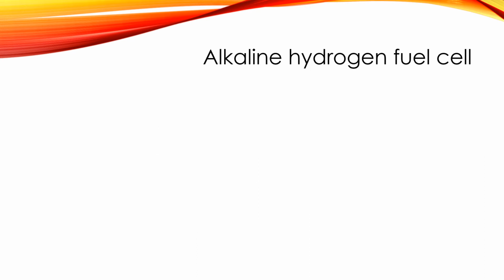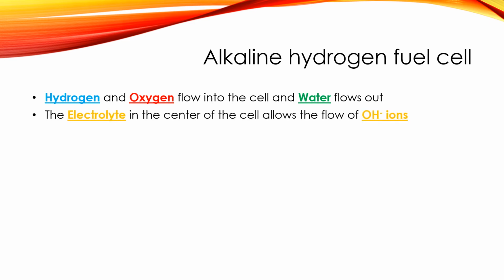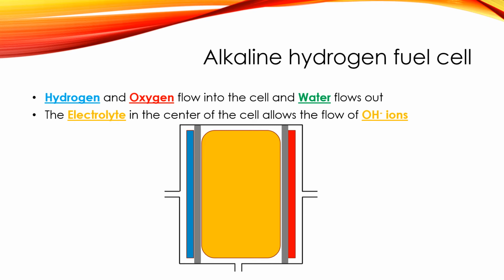So if we start off with the alkaline hydrogen fuel cell, hydrogen and oxygen flow into the cell and water flows out. The electrolyte in the center of the cell allows the flow of OH- ions. So this is a standard kind of diagram for a hydrogen fuel cell.